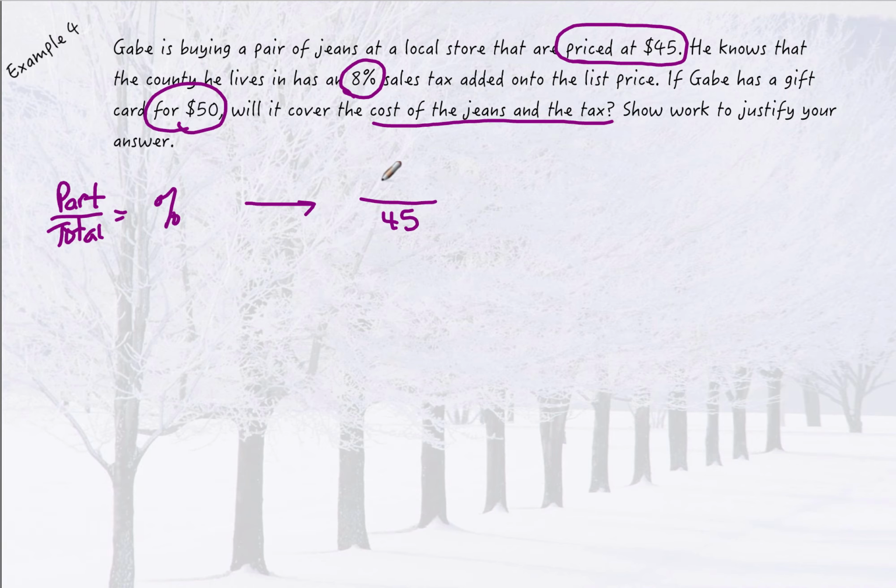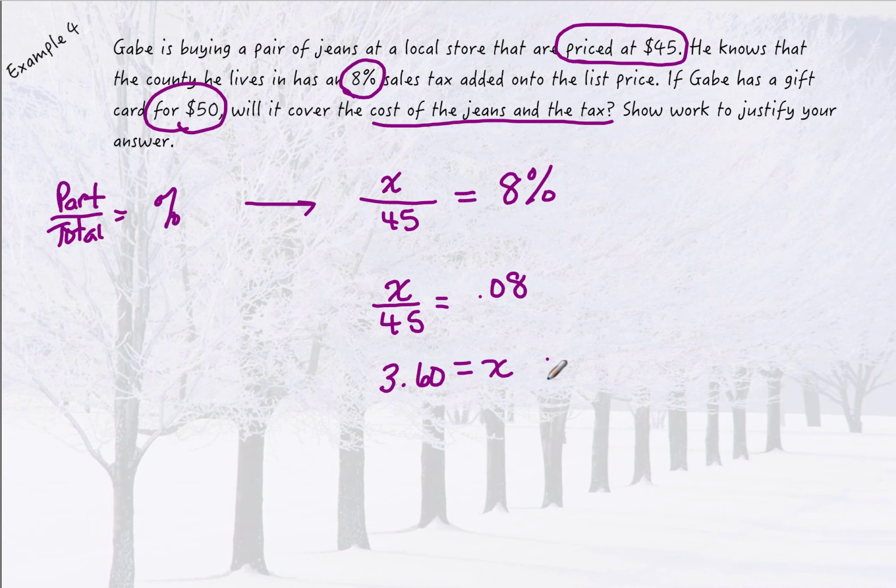I don't know what my part is, but I do know that it has to equal 8%. All right, if I cross multiply, 45 times 0.08 is $3.60. So that's what the tax is. Now that's just the tax.